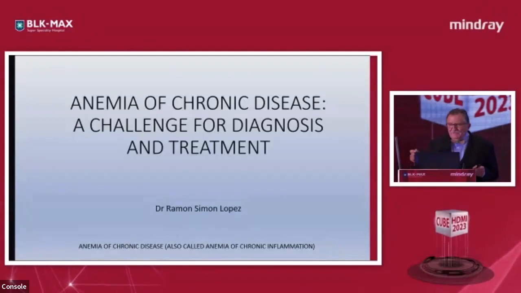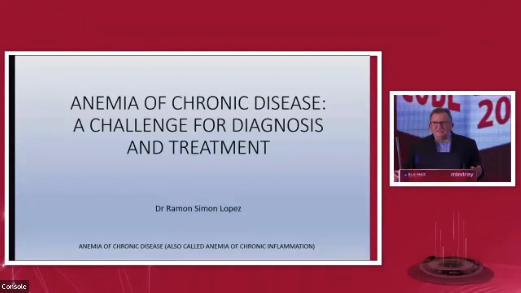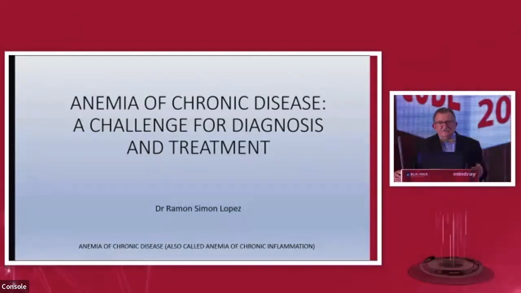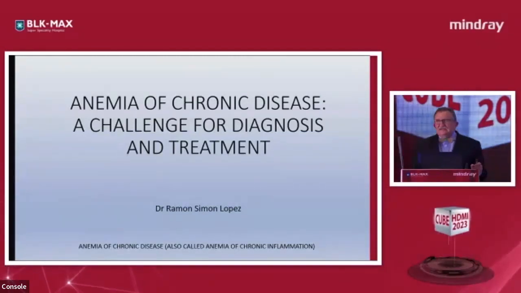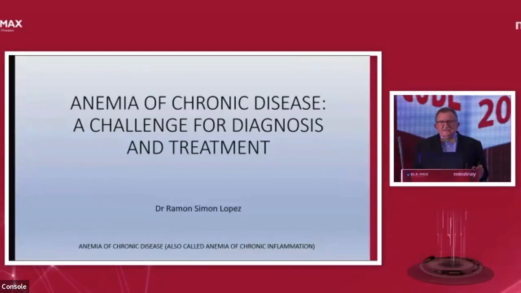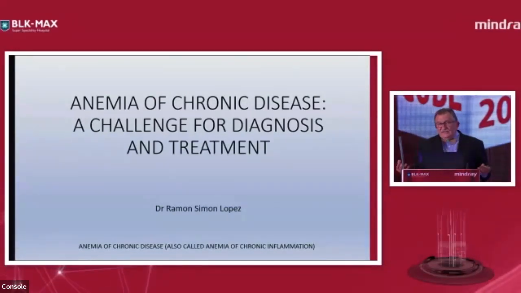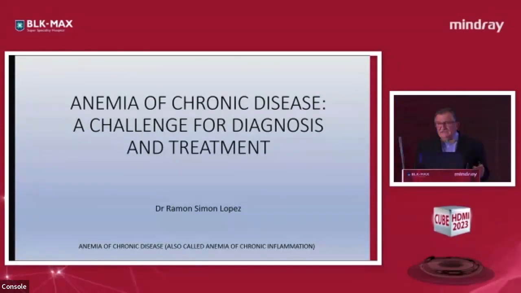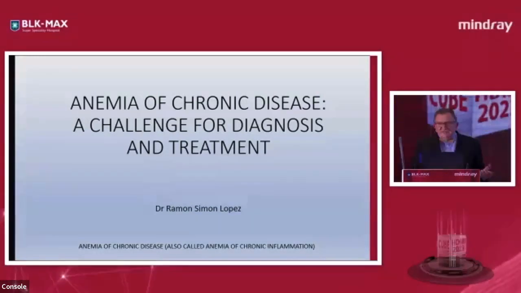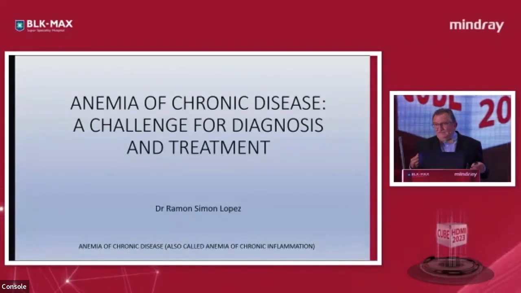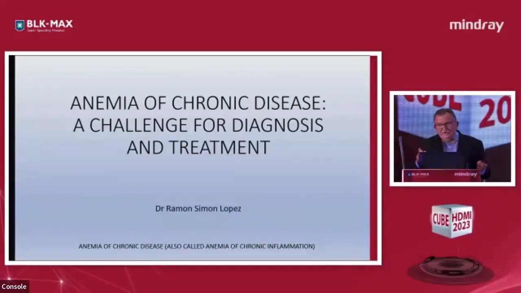Anemia of chronic disease is a challenge for me, and this is the reason I was interested in talking about it, because in my experience, it's the anemia that has the least diagnosis or wrong diagnosis in clinical practice. Many GPs, when they have a low iron anemia, give iron. If it doesn't respond, more iron.